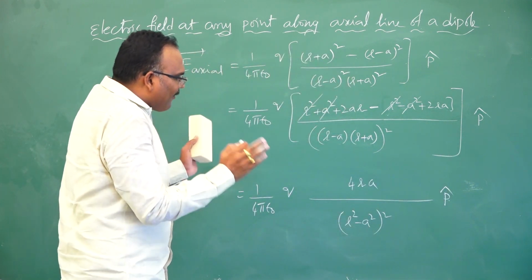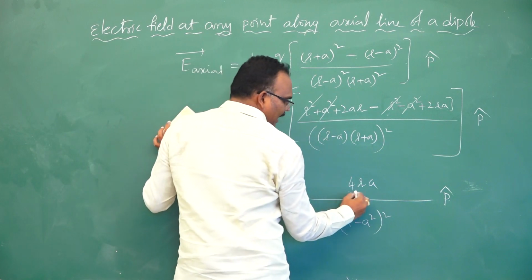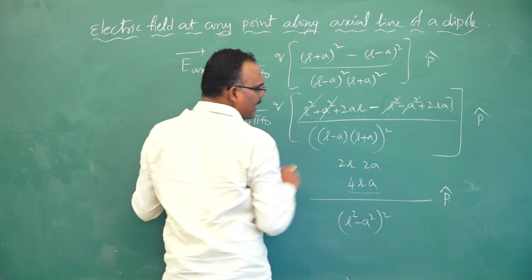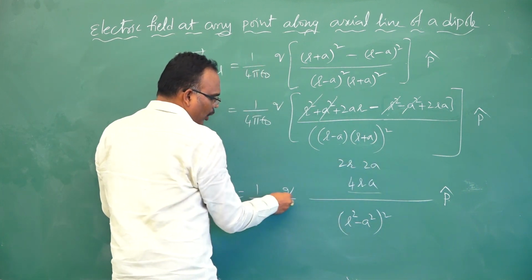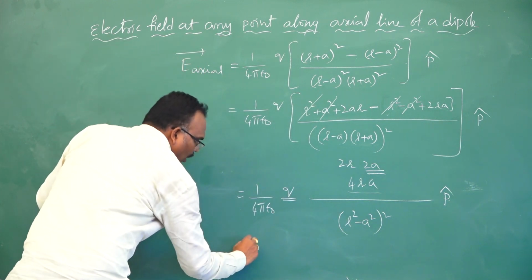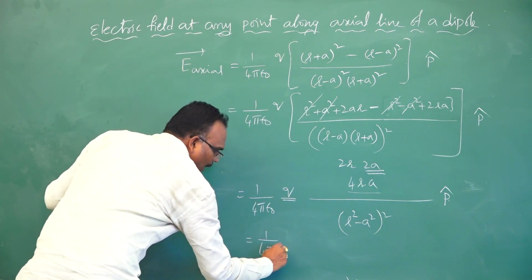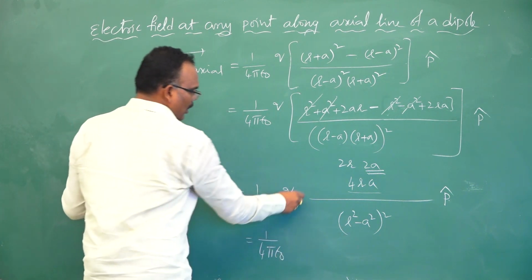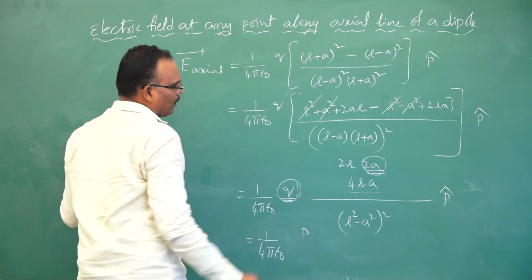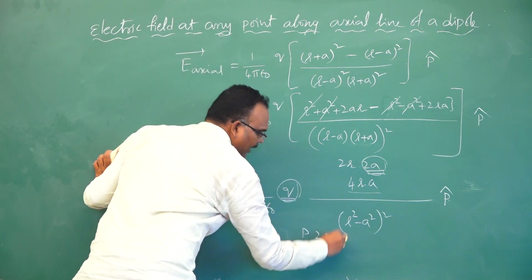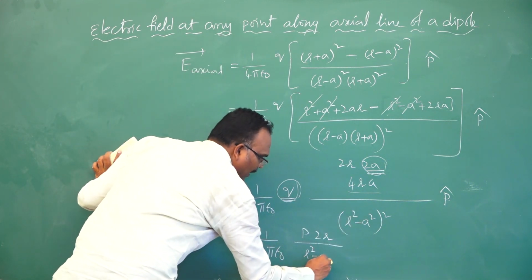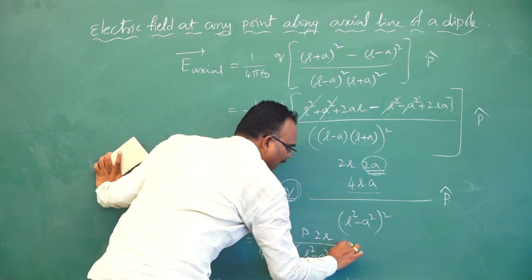Now see this carefully. I will write this 4ra as 2r and 2a. Q into 2a is the dipole moment. So I will write this as 1 by 4 pi epsilon naught, q into 2a is written as p, the dipole moment of the dipole, and 2r is left. I will write 2r here, divided by (r square minus a square) whole square into p cap.